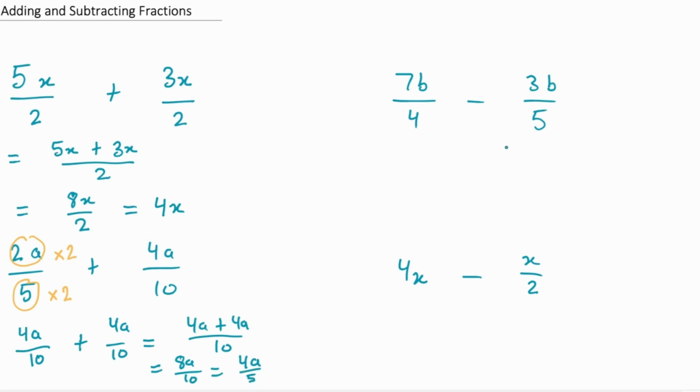Moving on to question number 3, we have 7b over 4 minus 3b over 5. The first question we need to ask ourselves again, are the denominators the same? In this case, they are not. Are they factors of each other? We can see that no, they are not as well.